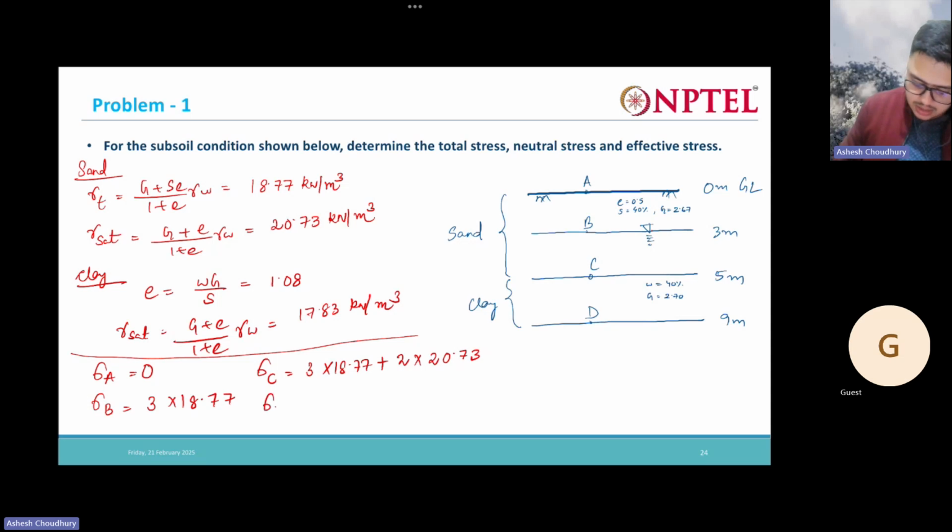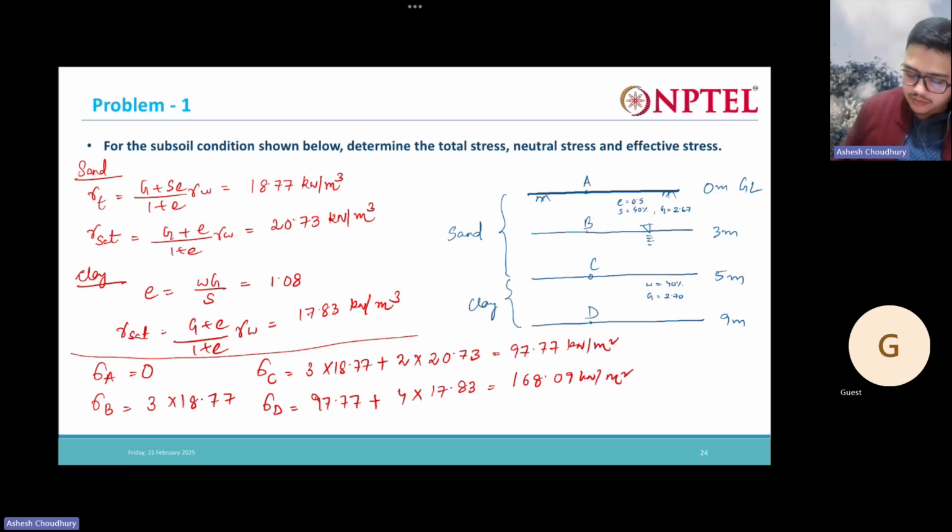At D again, we have this 97.77 plus 4 times the saturated clay unit weight, that is 17.83. Now it is 168.09 kN/m square.